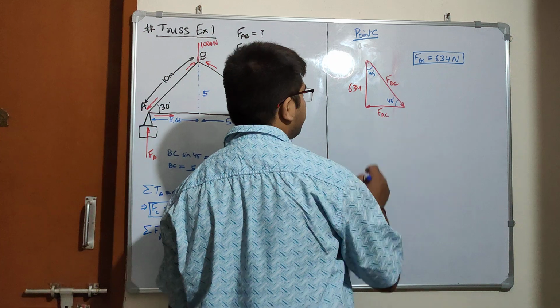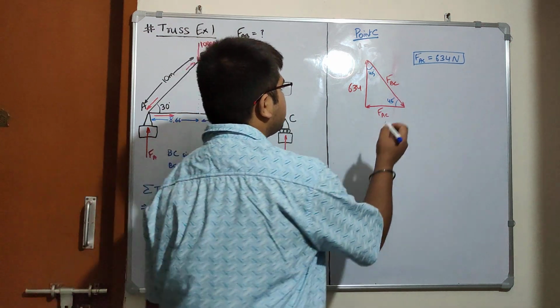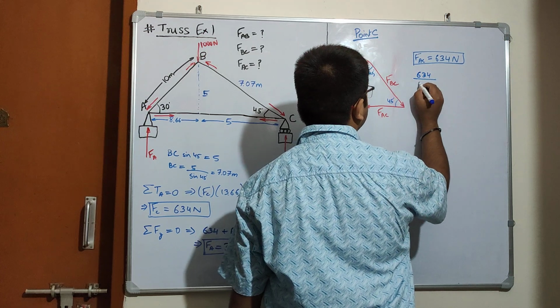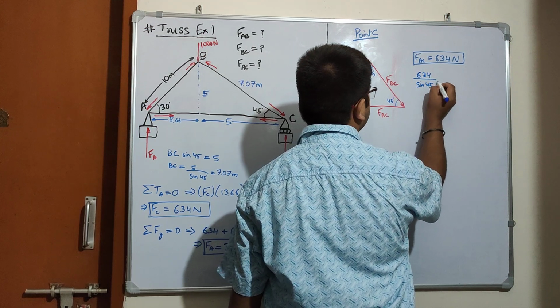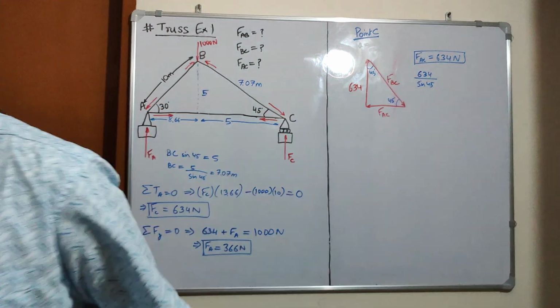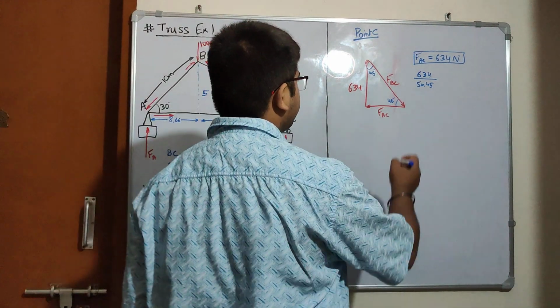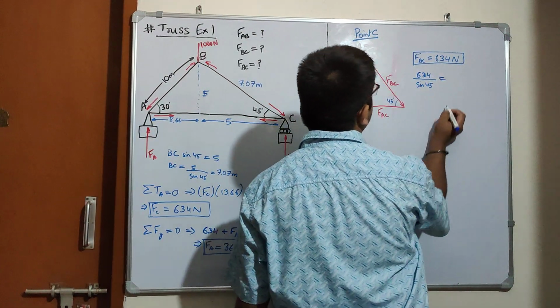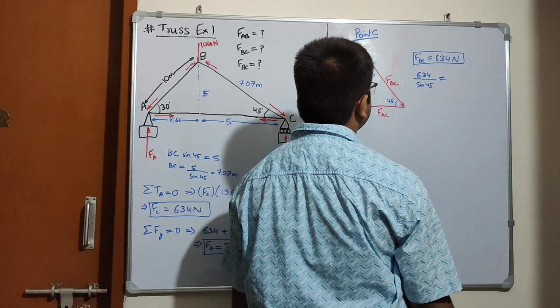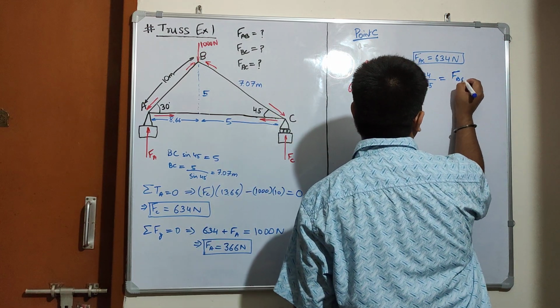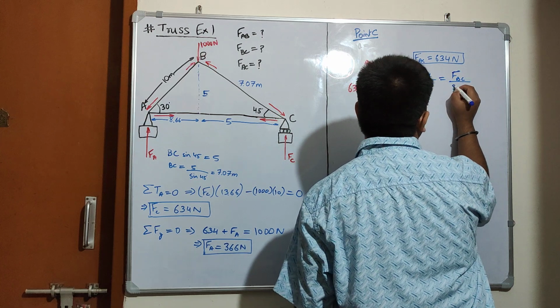And we can apply the law of sine here. 634 divided by sine 45 equals FBC divided by sine 90.